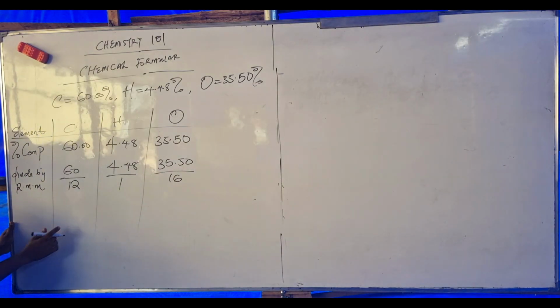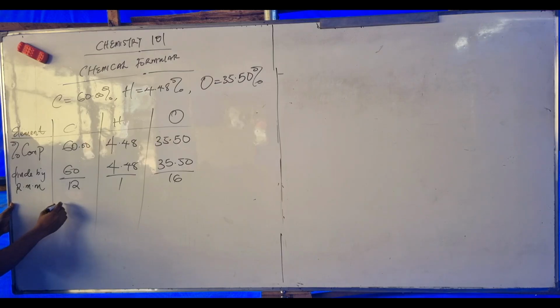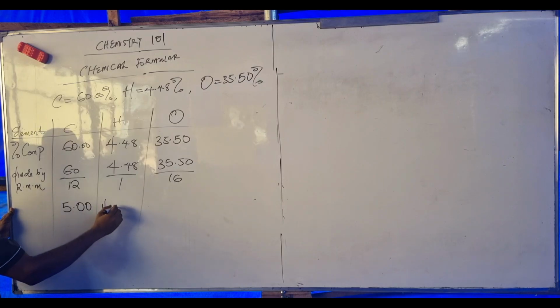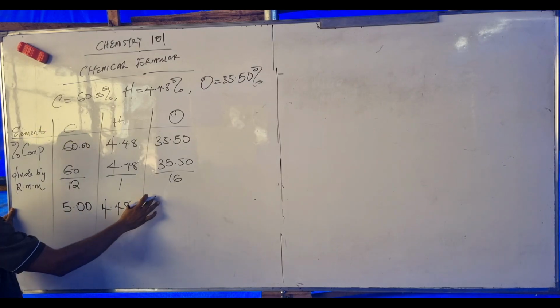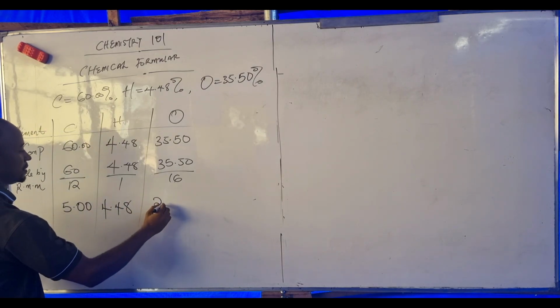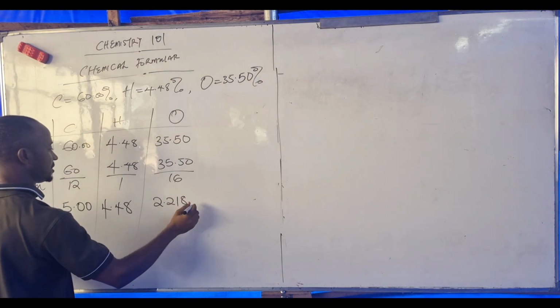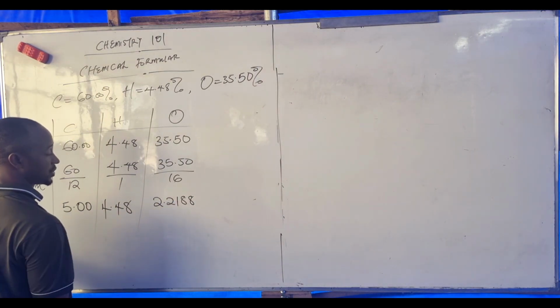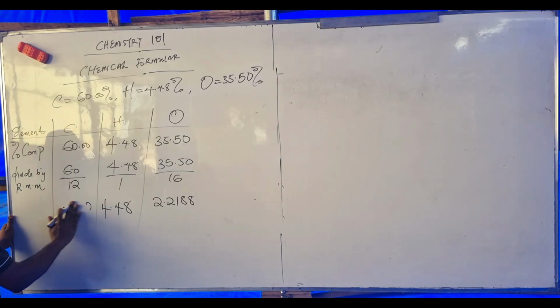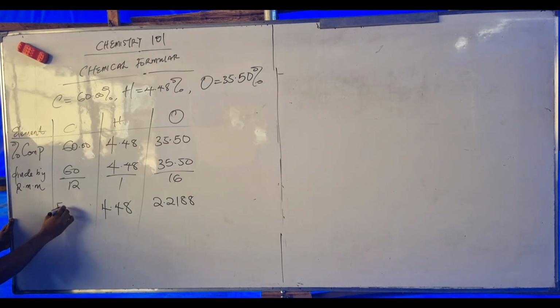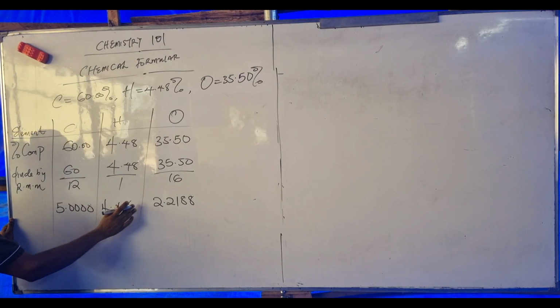So what do you have when you divide? 5.0000, then 4.48, then 2.2188. Let's make all of this in 4 decimal places.